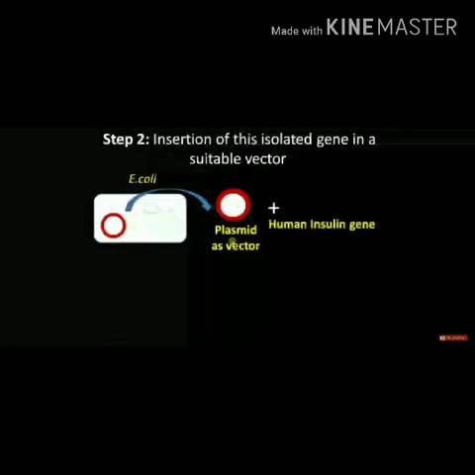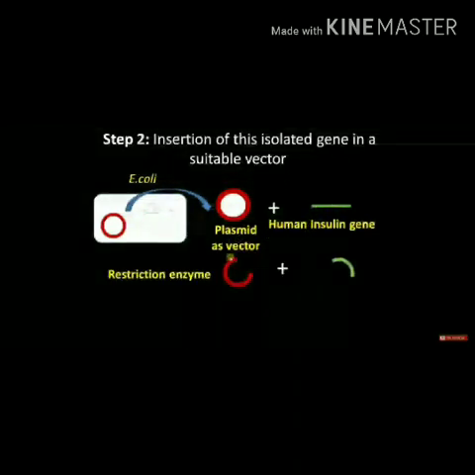Here we need to cut the plasmid using a restriction enzyme. A restriction enzyme is an enzyme that recognizes a specific short nucleotide sequence and cuts the DNA only at a specific site or restriction site. We need to assimilate the insulin gene into the vector.